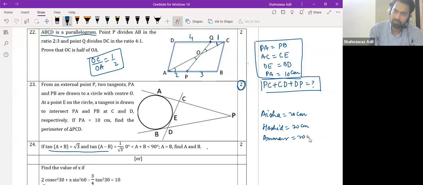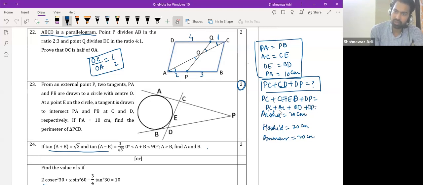Yeah, so the idea was that we have to break this CD, right? So this would be PC plus CE plus ED, and then plus DP. So PC plus CE I can write as AC, and ED I can write as BD, and plus DP.